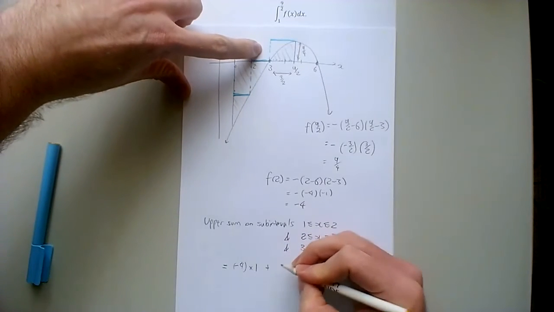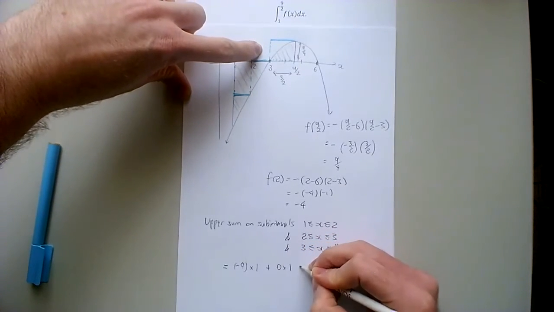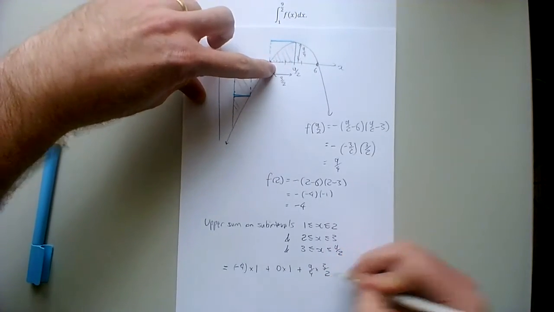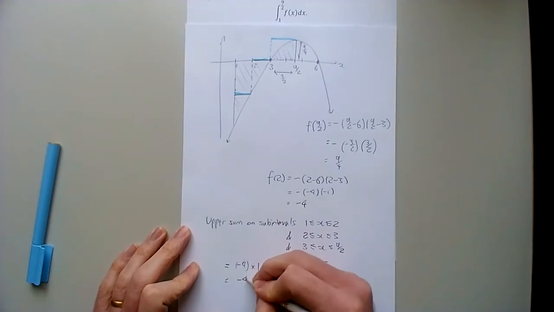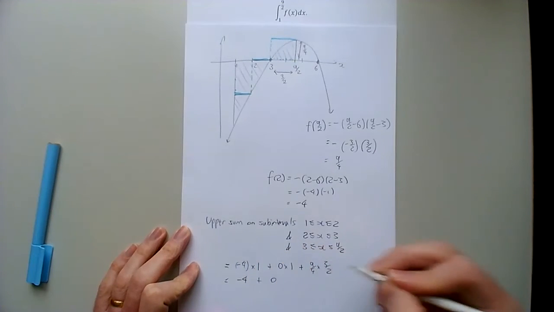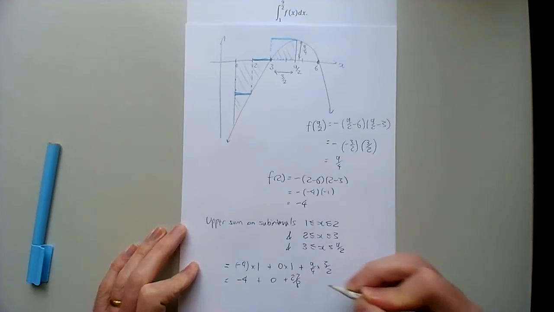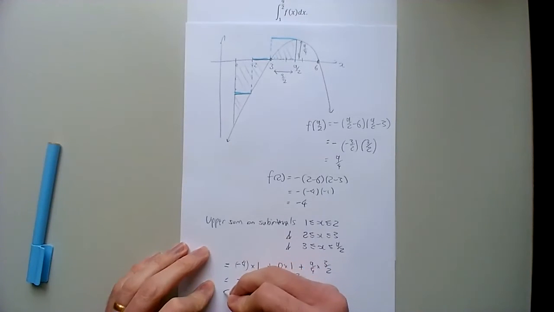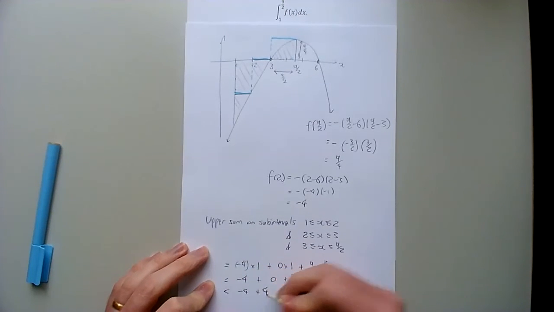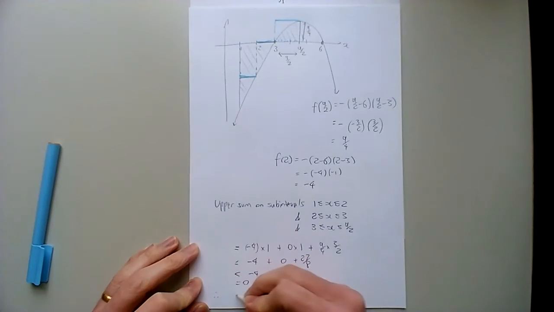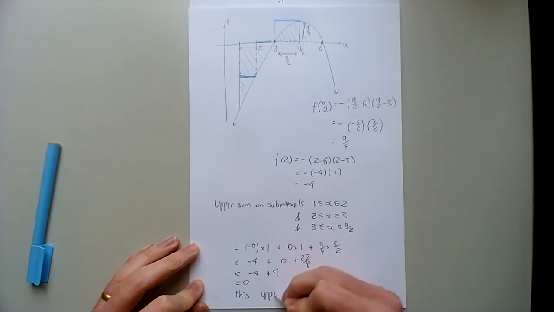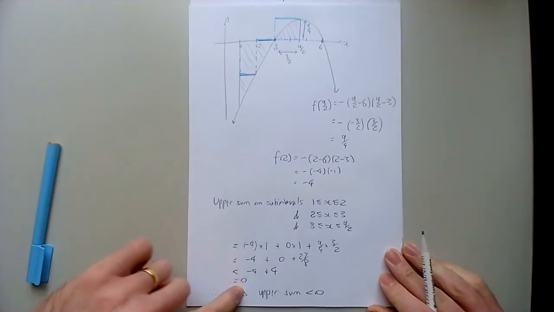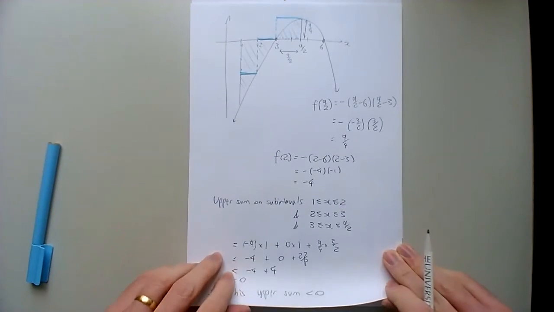The maximum on the second interval is 0, and then times 1, because that's how wide it is. And then the maximum on this interval is 9/4, and then times 3/2, because that's how wide it is. And so this comes out to -4 plus 0 plus 27/8. And 27/8 is less than 4. So this is going to be less than -4 plus 4, which is 0.